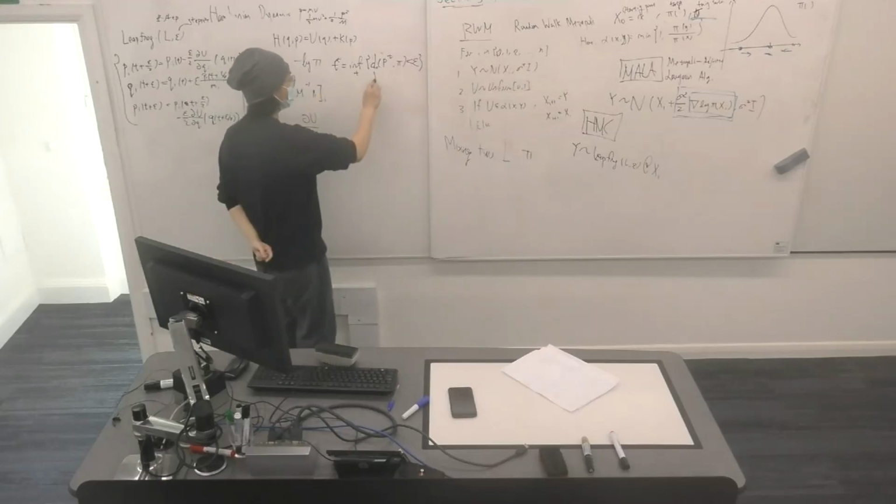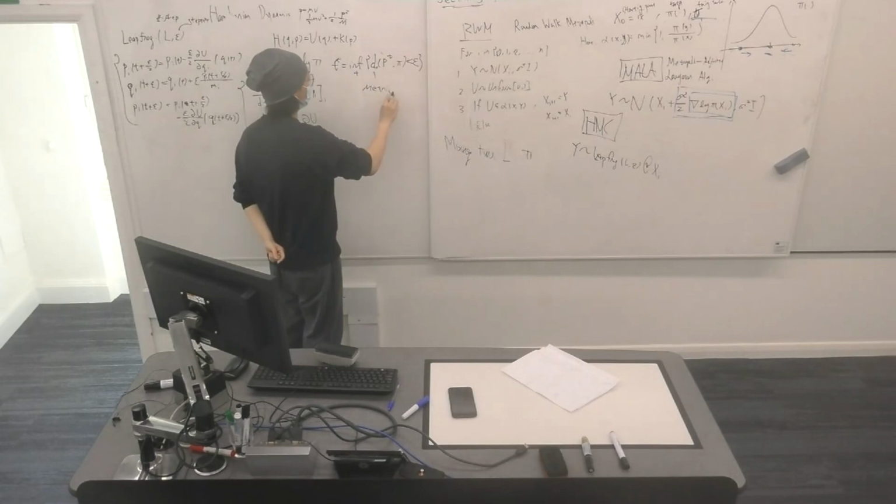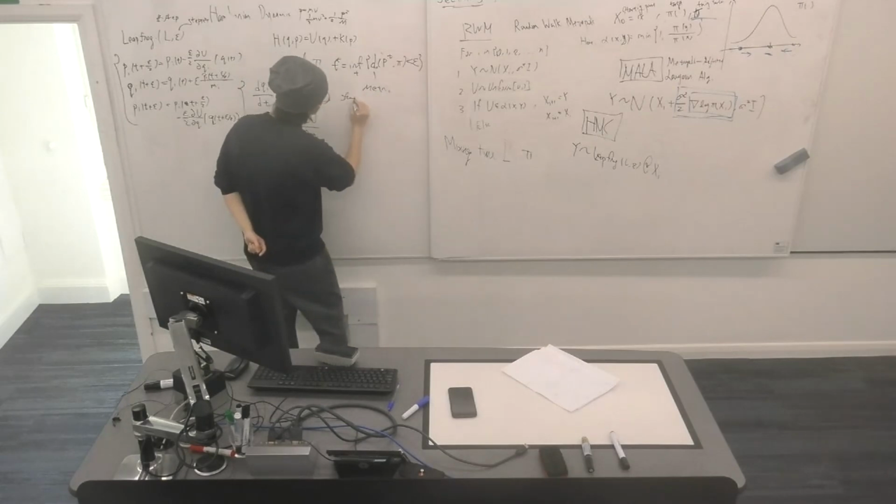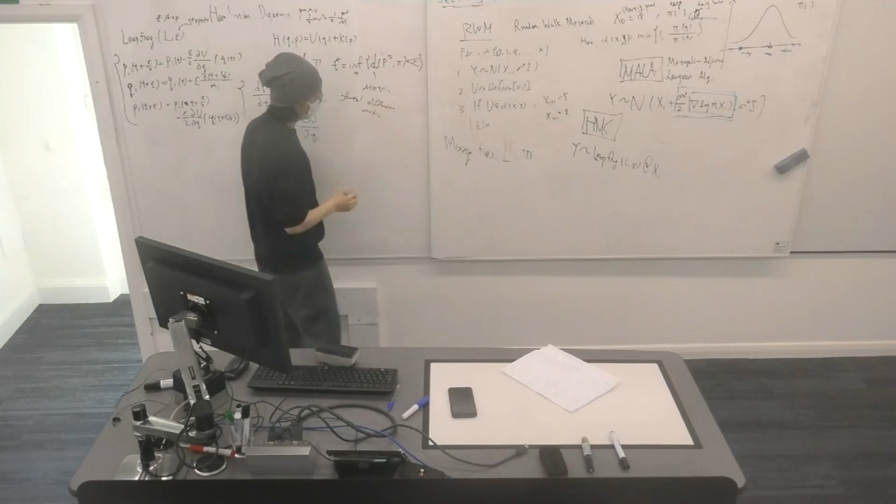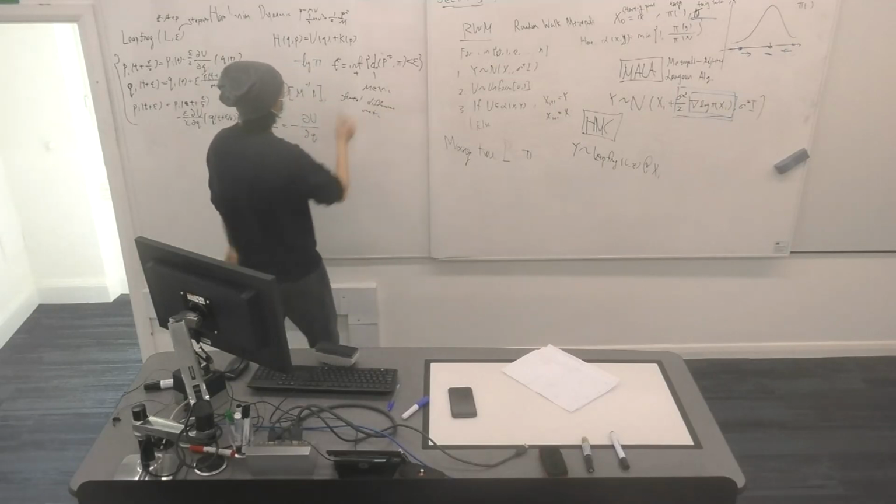Now for this metric, we normally use the total variation distance.